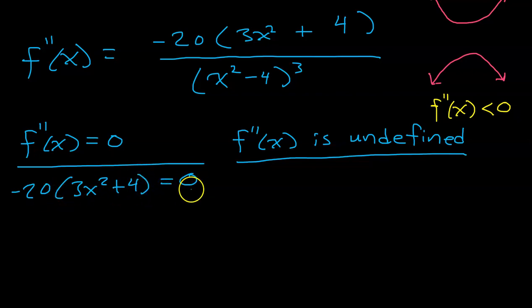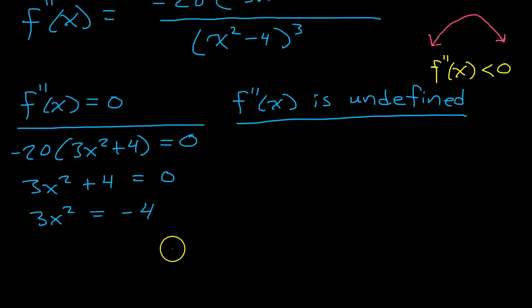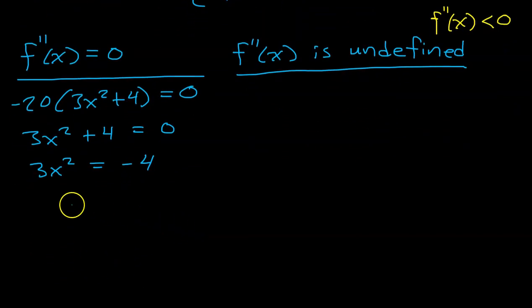So dividing both sides by negative 20, we get 3x squared plus 4 is equal to 0. Wait a minute. If I subtract 4 from both sides, I'm going to get 3x squared is equal to negative 4. This is already seeming really weird.